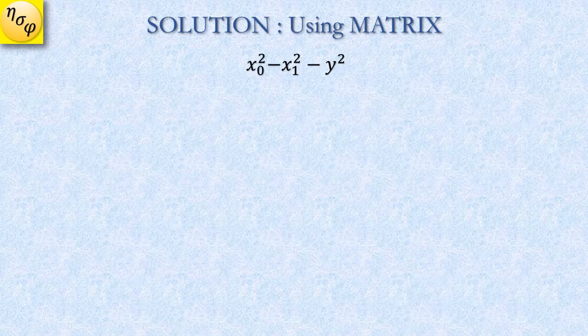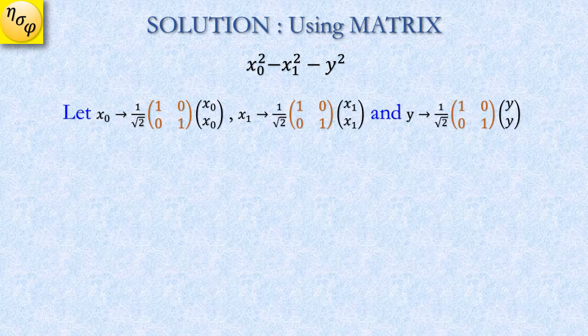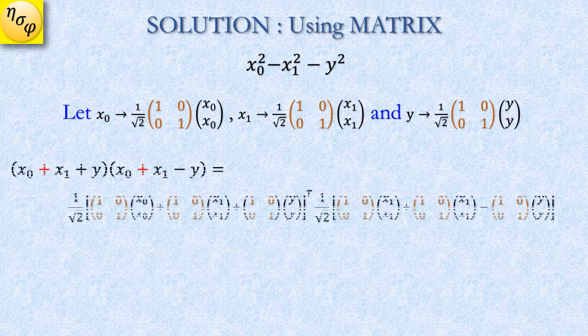Now we apply our trick in the previous slide to solve our 3-variable quadratic expression. Substitute each variable with the same strategy. Now, multiply x0 plus x1 plus y by x0 plus x1 minus y. Please note that I selected addition against x0 and x1.